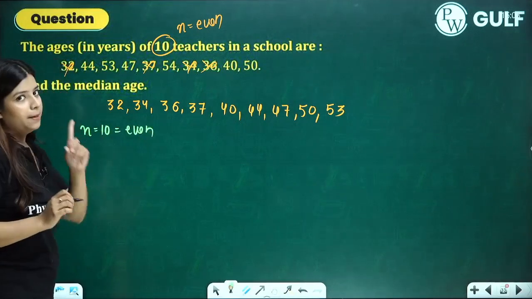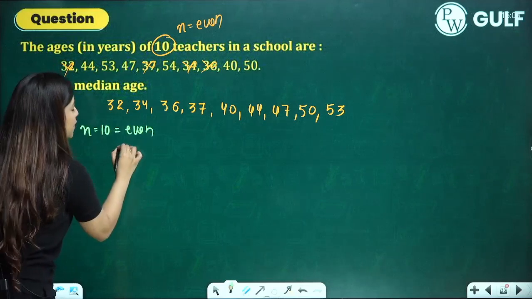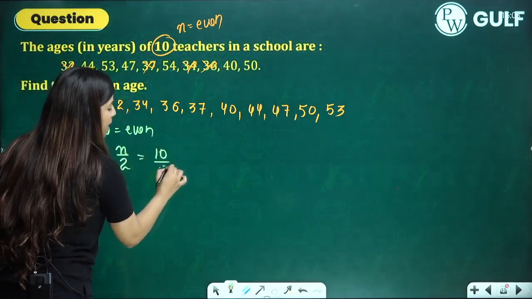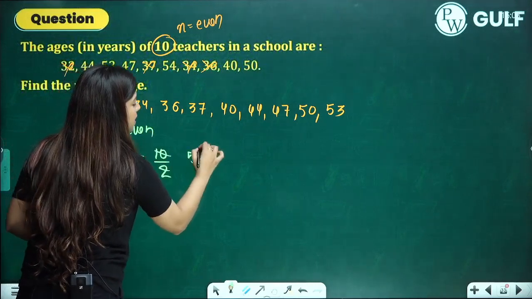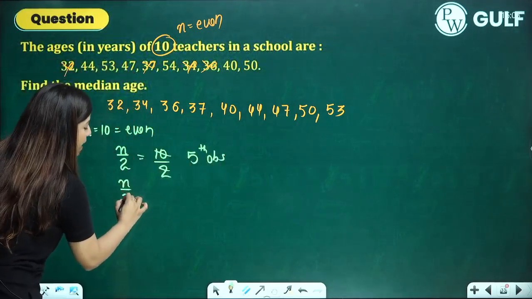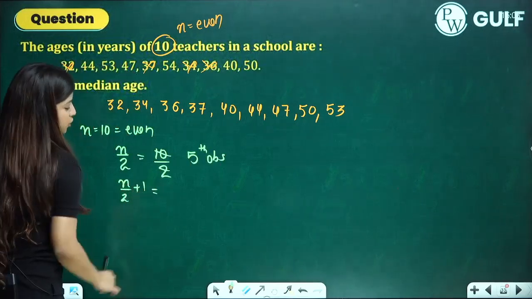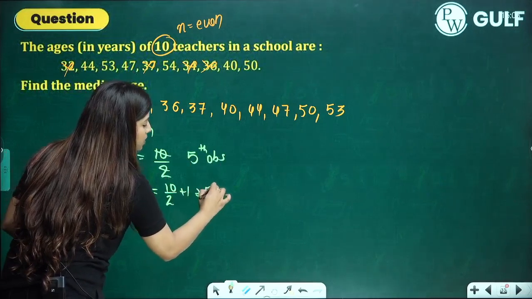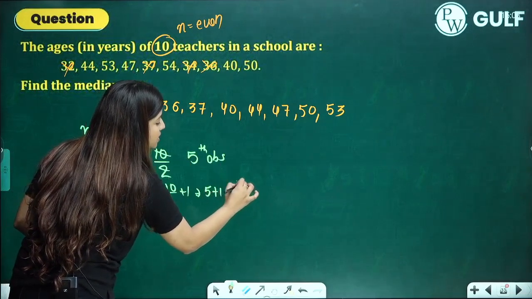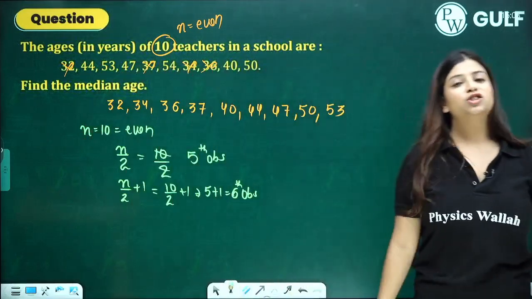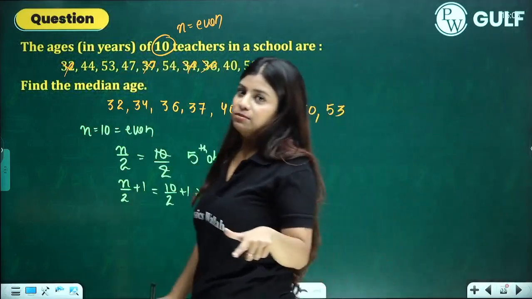So basically, how will we calculate the median? First of all, we will calculate n by 2. That means 10 by 2, the 5th observation. Next is the n by 2 plus 1th observation, that is 10 by 2 plus 1, which is 5 plus 1, that is the 6th observation. Now we have the 5th observation and the 6th observation.